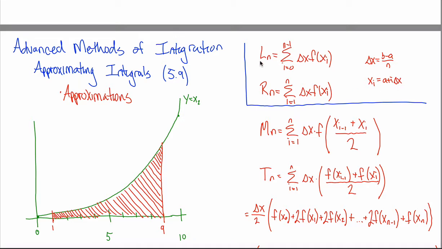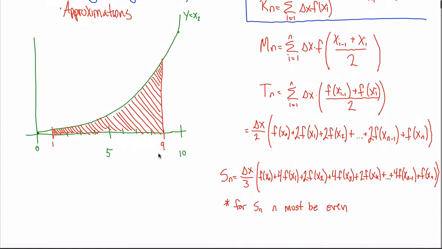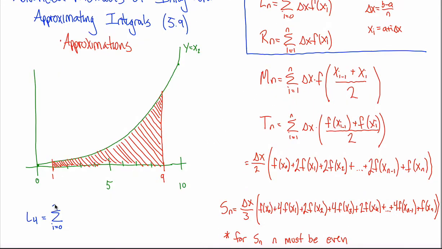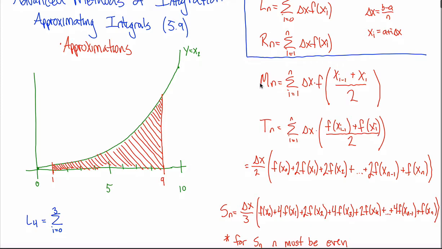I know it's been a while, but there was a point in the class when you were pretty good with these two formulas. And I could give you a function like y equals x squared, and I could ask you to estimate the area underneath the curve from 1 to 9 by calculating, I don't know, L4 maybe. L4 would be the sum from i equals 0 to 3, because playing the role of n in this formula is a 4, of delta x times f of x_i.